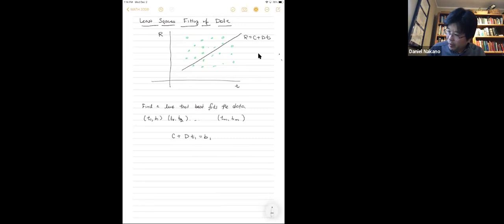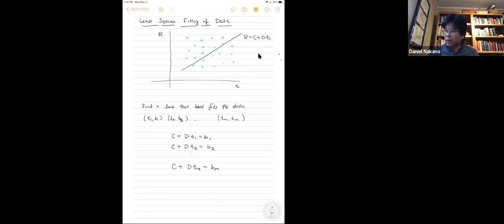That's one equation. C plus D T2 equals B2. That would be another equation. And then down to C plus D Tm equals Bm. That would be another equation.